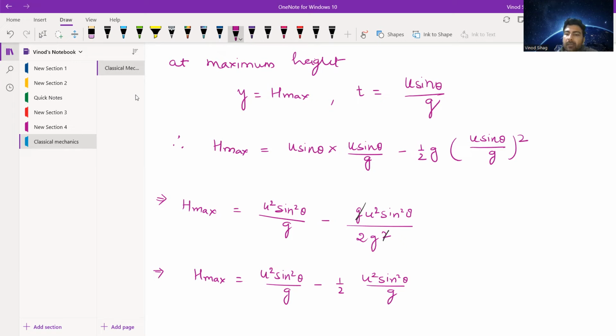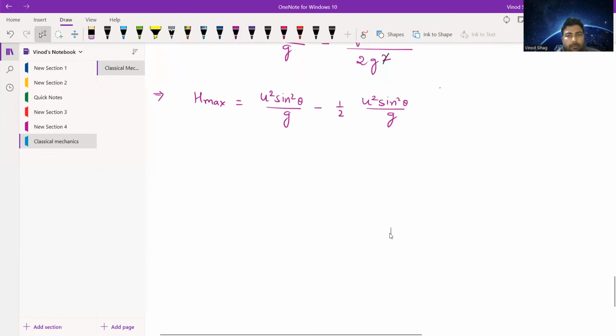Here 1 minus half will be half. So h maximum is u square sine square theta upon 2g. This will be our equation.